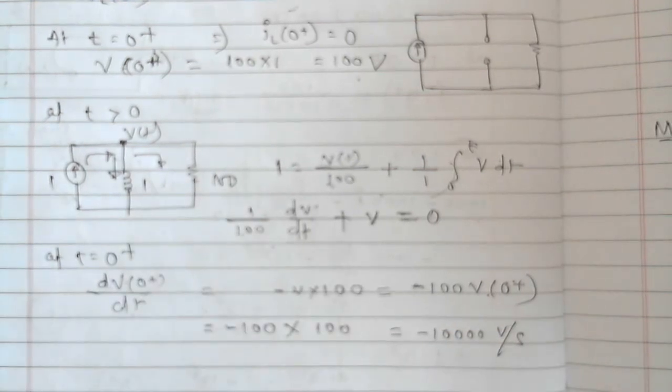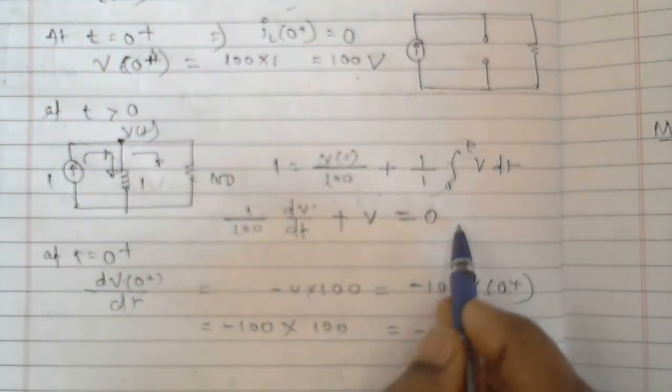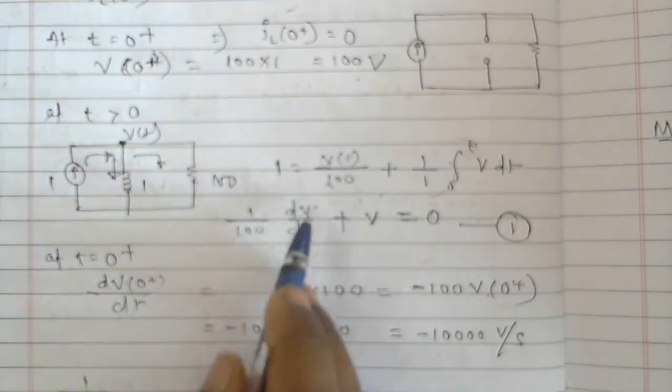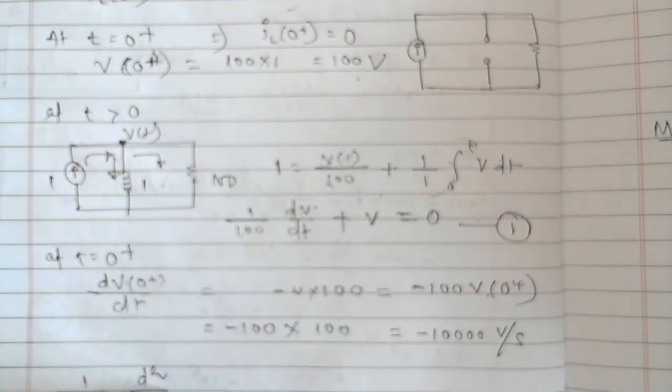Okay, to find d square v by dt square, we will again differentiate the equation. This equation is 1. We'll differentiate and get the equation as 1 upon 100 times d square v by dt square plus dv by dt equal to 0.